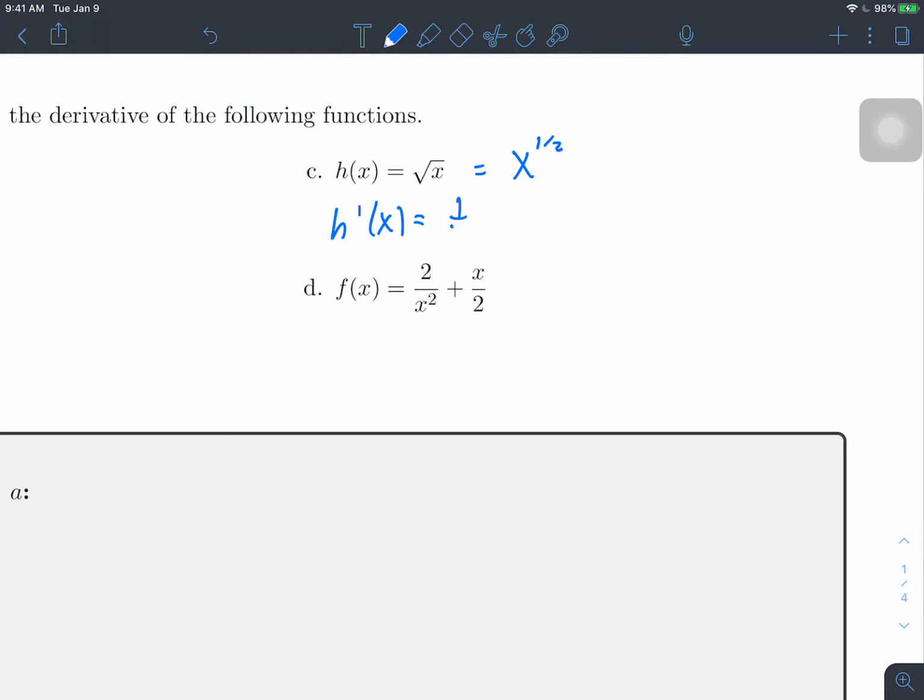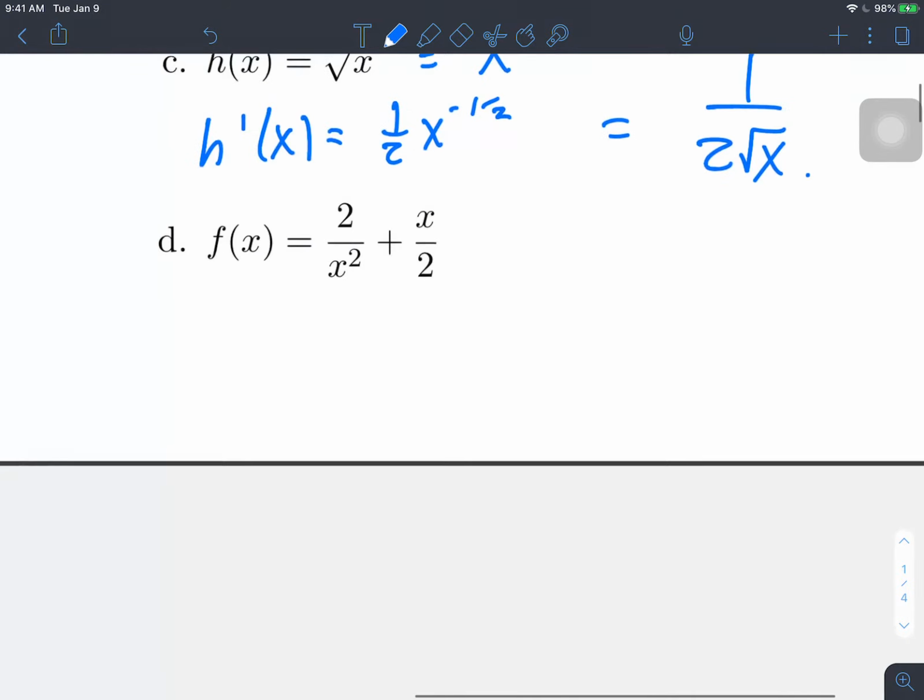Yeah, 1/2 x to the negative 1/2. And if I wanted to write it in a pretty way, I might write it like 1 over 2 root x. Because a negative 1/2, we would put it down to the bottom as a positive 1/2. Once it's in the denominator, we'll just replace that 1/2 by a square root. That's just another way of writing it.